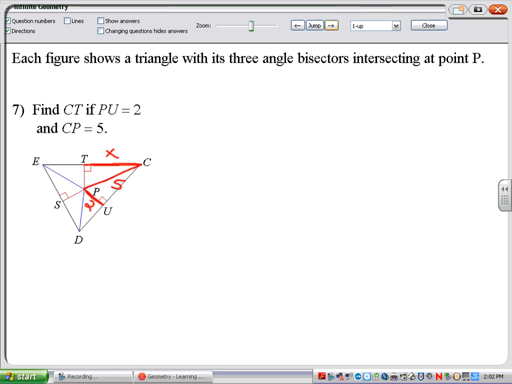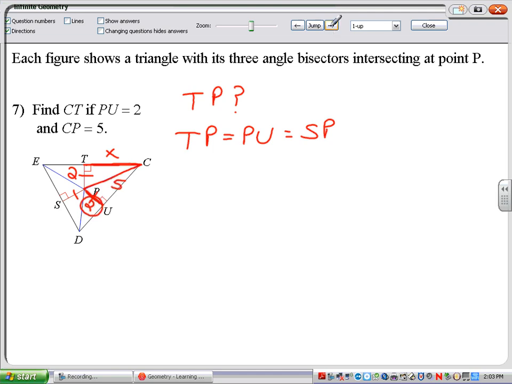Well, a little bit tricky here, because I need to know what T to P is. Well, T to P would be that third side. TP is the same thing as PU, and it's also the same thing as SP. I'll put red tick marks on those. All 3 of those sides are the same. So this 2 right here is also 2 right there.